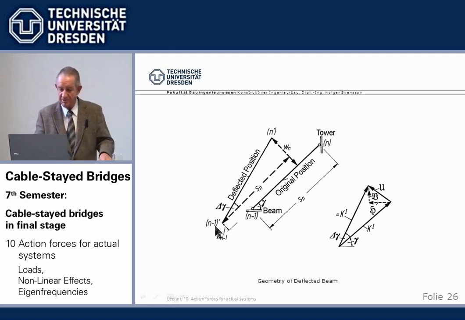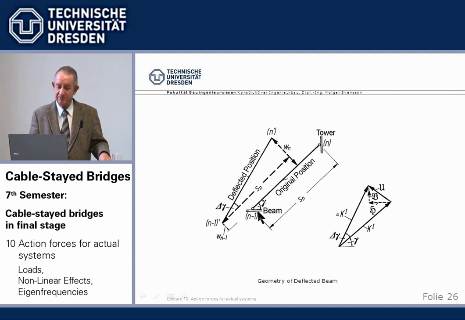The following happens. We have here an original stay cable, tower beam. And now we have a load on here. The beam deflects. The beam anchor points runs to here. Tower runs to here. And we have now 2 phenomena which create additional moments due to non-linear theory, second order P delta effect.